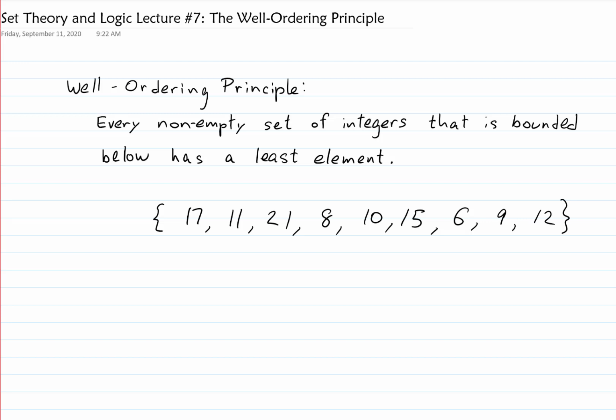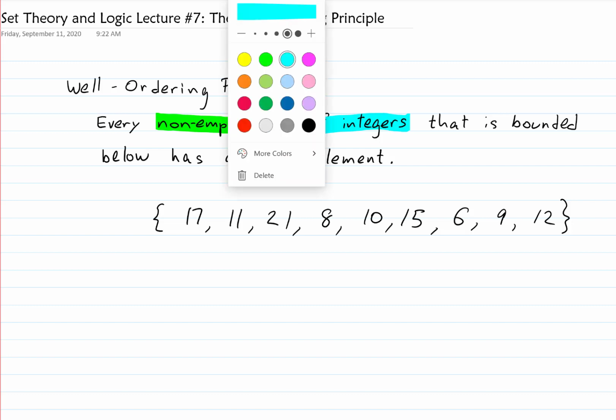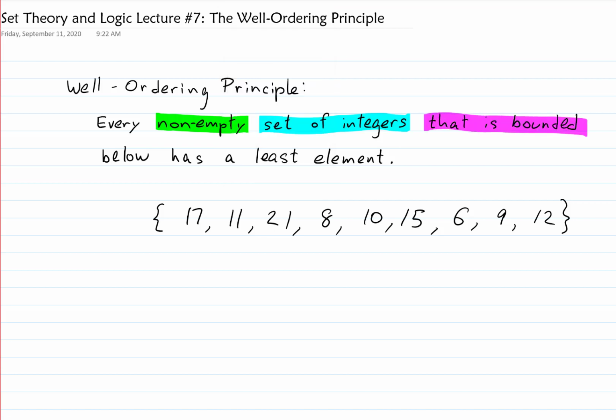That's a set of integers, right? And all of those integers are equal to or greater than 5, right? And it's not an empty set. So it is a non-empty set of integers that is bounded below.